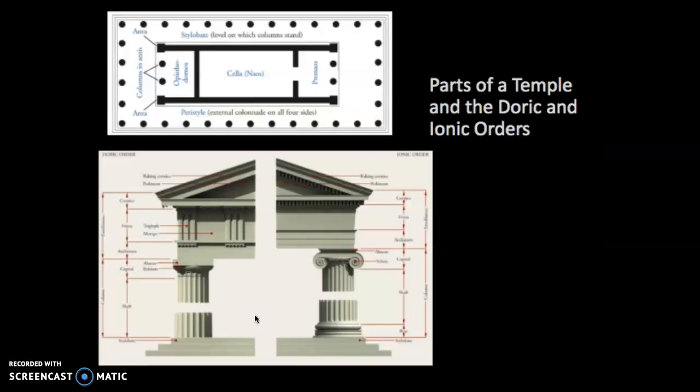The columns in Greek architecture follow what we call the classical orders. And again, I suggest that you pause this slide and write down some of the key vocabulary from the parts of the temple up here, and then also not all of it, but just some of the key vocabulary here from the orders.